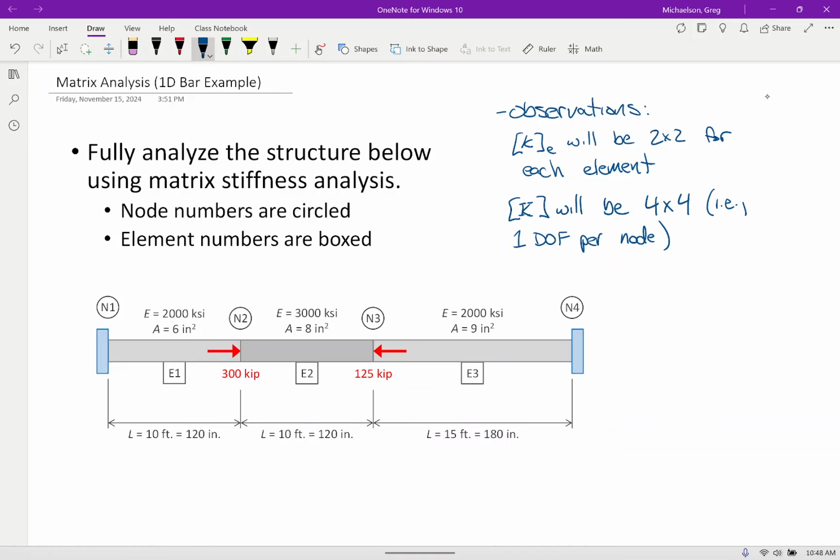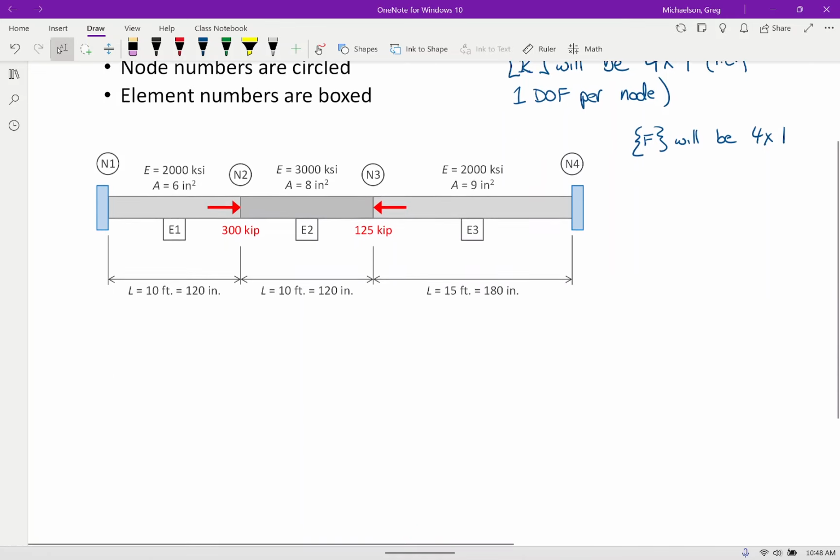So in other words, there's 1 degree of freedom for each node, so it'll be 4 by 4. Does that make sense? And then maybe another thing I should say is that F will be 4 by 1.